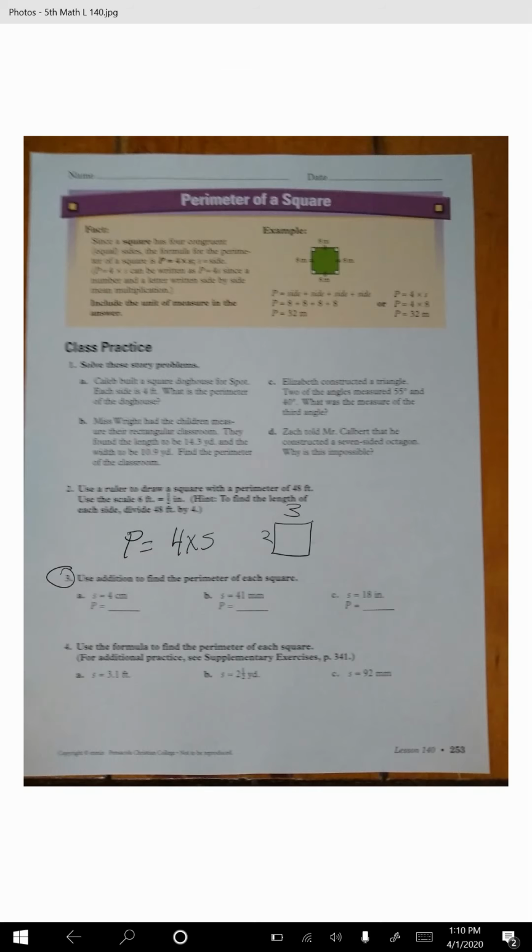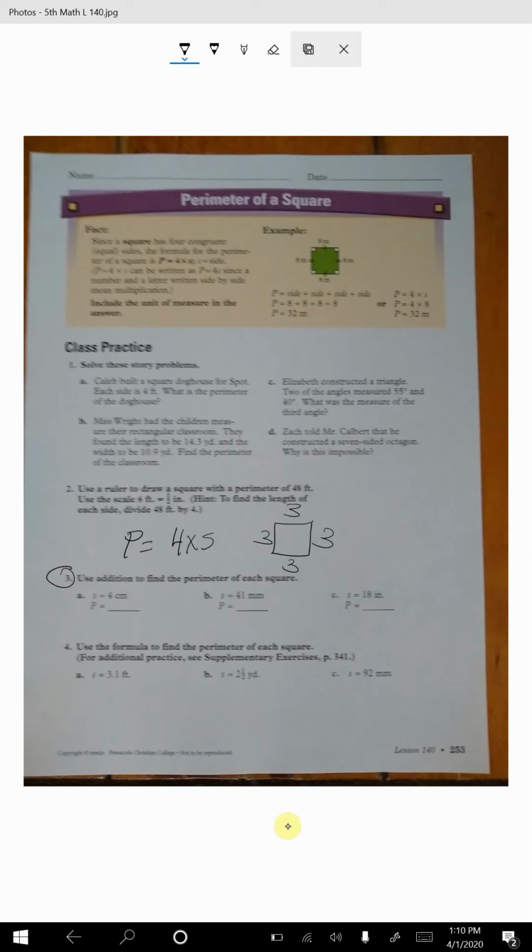So if I made a square, all 4 sides are 3 inches. We could just add up the sides, or you could do 3 times 4.